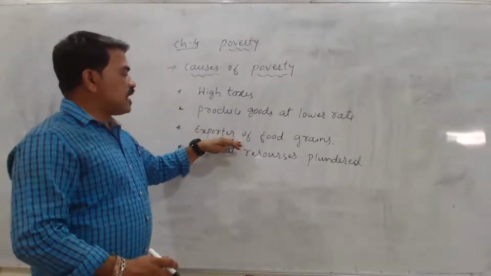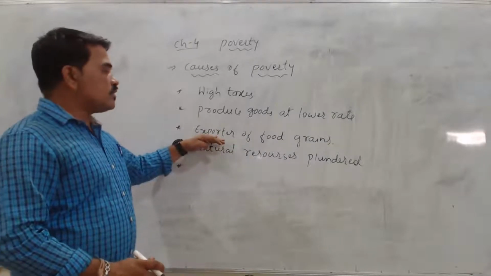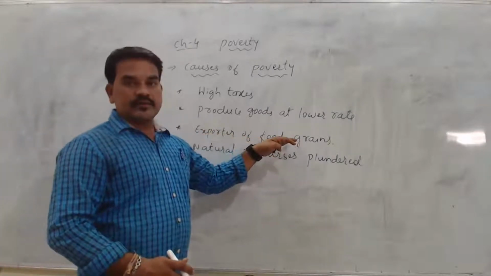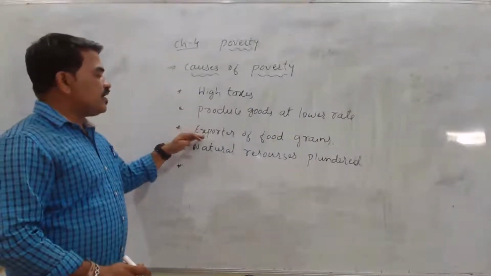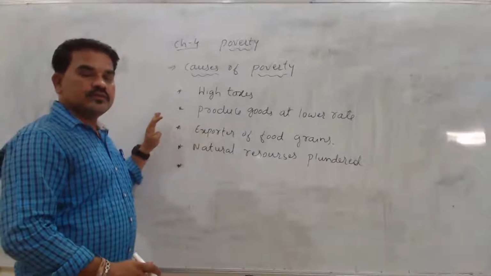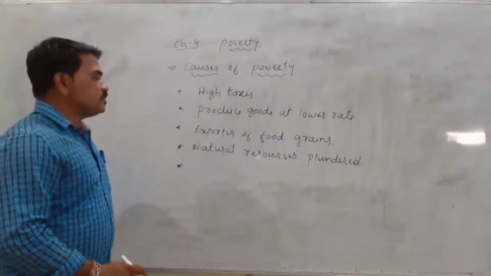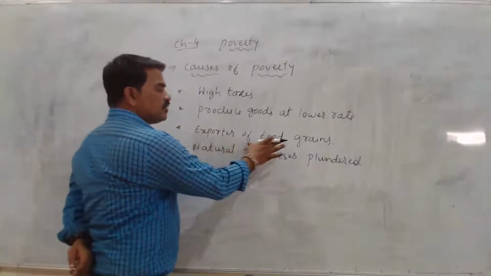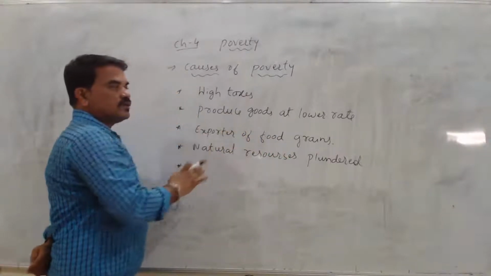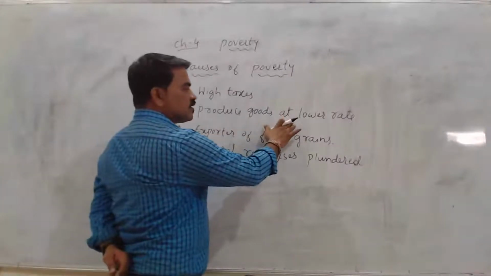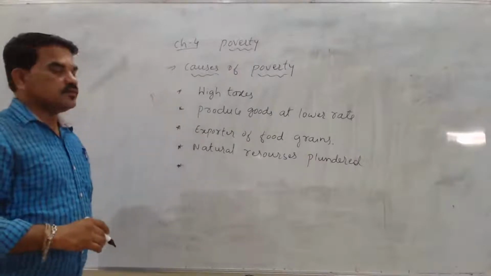And as we know, a very large number of people are dependent on agriculture. Whatever food grains, pulses we produce here, they used to export those goods to the Britishers' countries. They exported whatever we produced here, food items, and they asked us to produce at a lower rate and exported that to Britain.